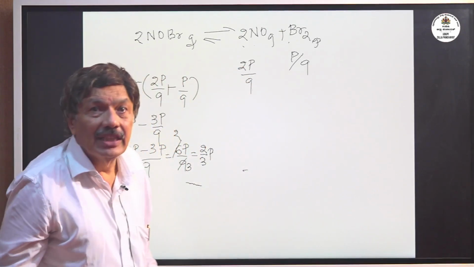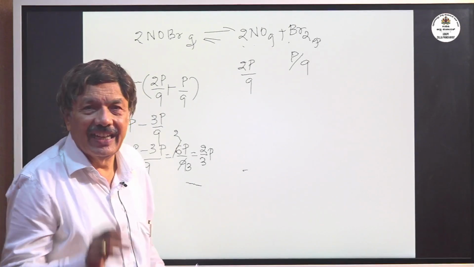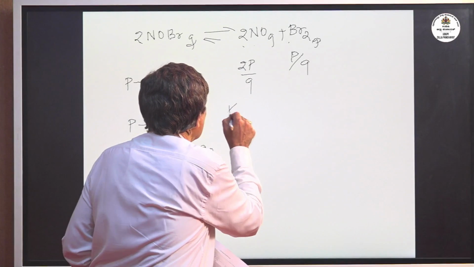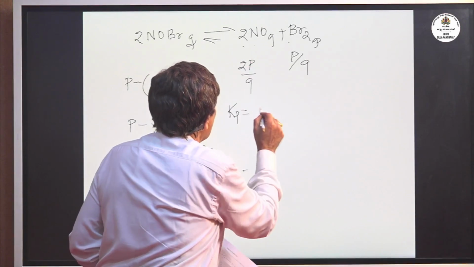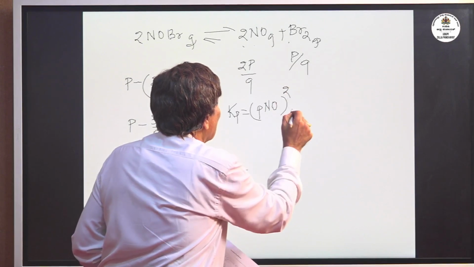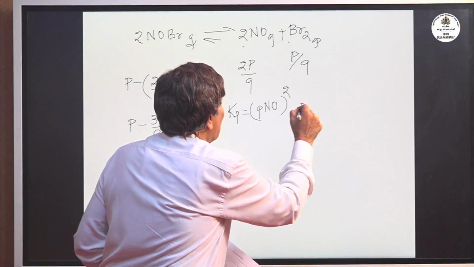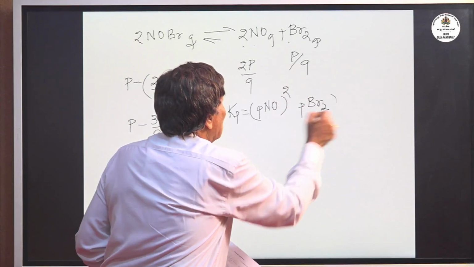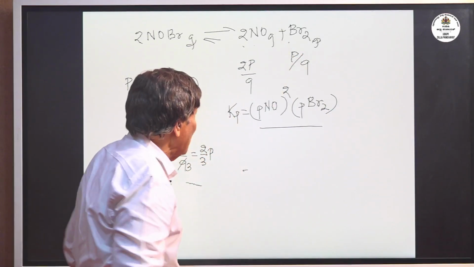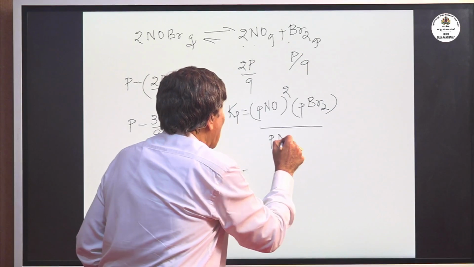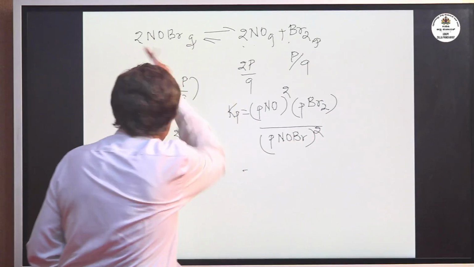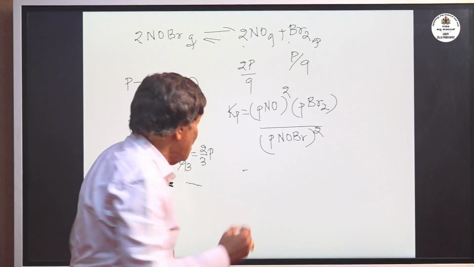Now let me write the expression for Kp. Kp is the partial pressure of NO squared into the partial pressure of bromine. I did not write a square for bromine because there is only one mole. Divided by the partial pressure of NOBr, and here I have to write a square because there are 2 moles. Now we will substitute.